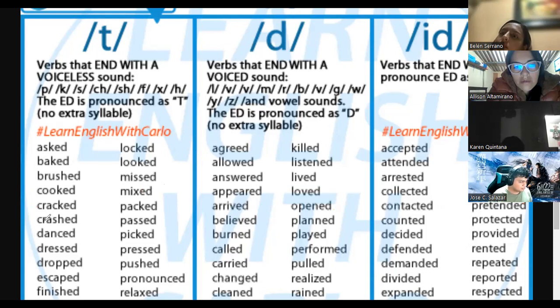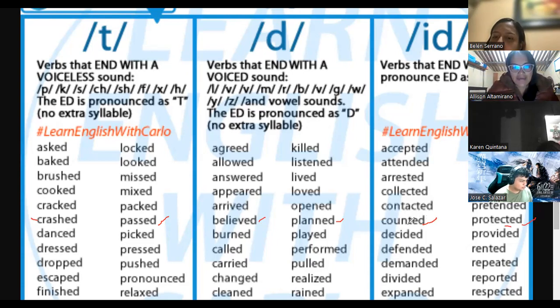Now, Alison, please, the next one, the crushed road. Crash, pass, believe, plan, content, protect, protected. Very good, Alison.